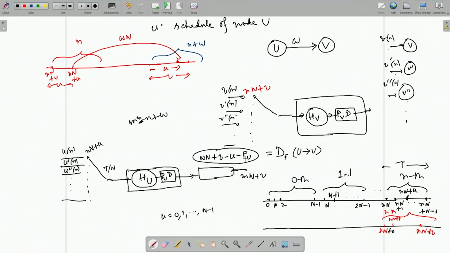There is a hardware unit, it is sometimes working for node U, it is sometimes working for node V. So, I find out when it works for node U, I design a schedule. So, n into capital N plus small u, that is the time data comes from small u n, which means this hardware unit is taking up the job of U node only. So, it does the processing.